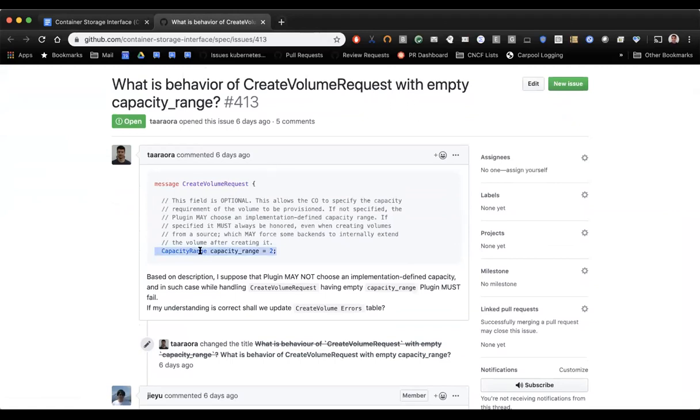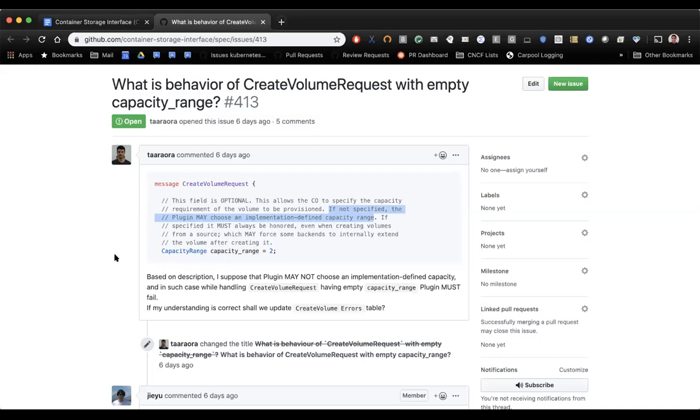Right now, the spec says if it's empty, the plugin may choose a default, but it's unclear if the plugin can also return an error or it must return a default. Or I guess here it says it may return a default. So I guess what that implies is it could also choose not to return a default and error.